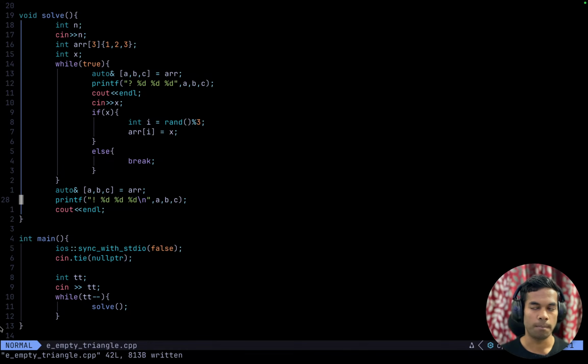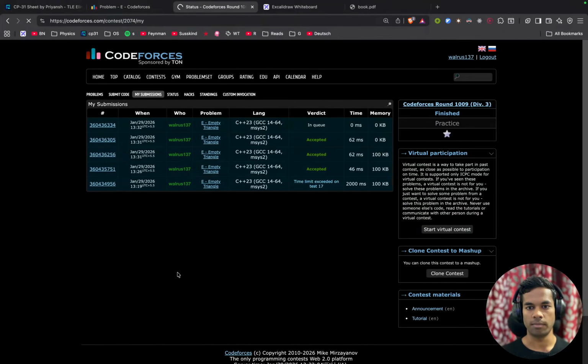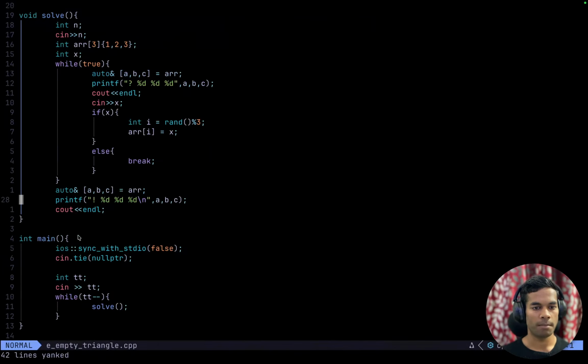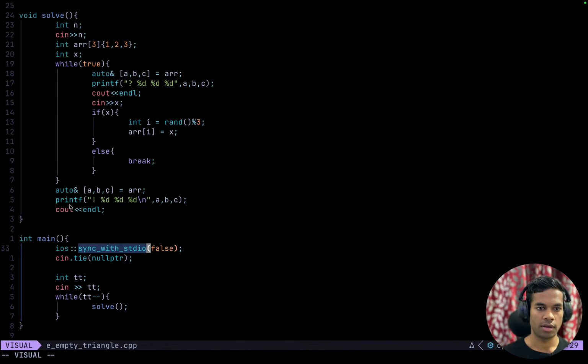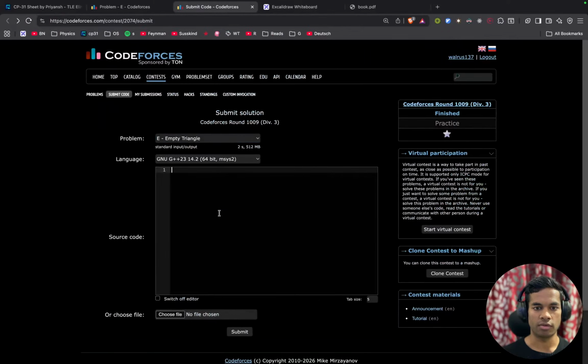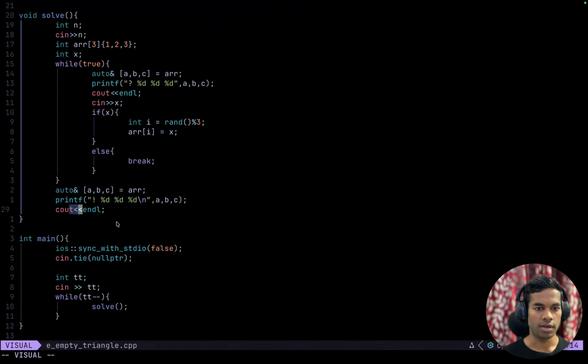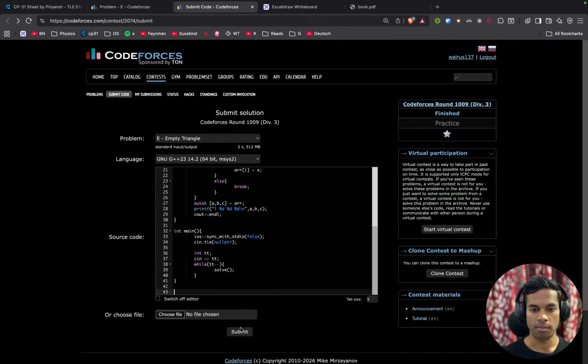Now this will fail, probably, because the standard input output buffer and the stream buffer, this one cout, are not synced. So either we always have to use cout, or we always have to use printf and scanf.